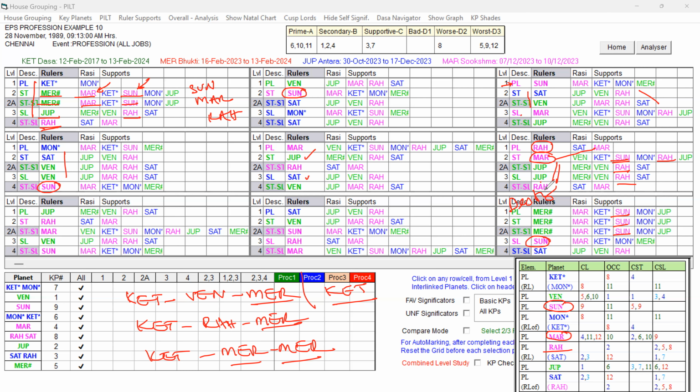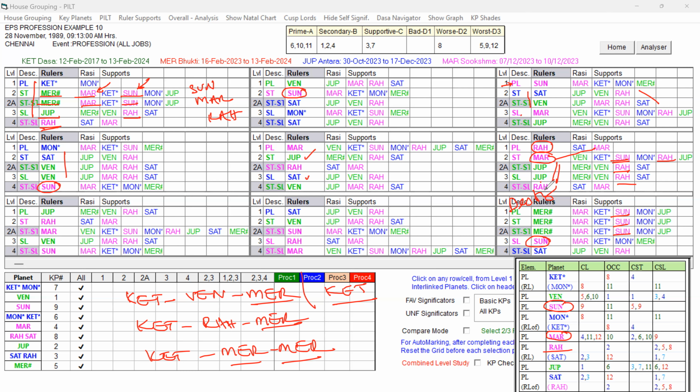Venus is 6, 10, 11. This is good. Mars also, because it is a 2, 6, 10 cuspal star lord, signifying 4, 11, 10, and 9. So this is supportive for change with promotion, we can say. Mars is also favorable to some extent because this is the Karma Trikona, 4, 11, 10, 2, 6, and 9 sublord.